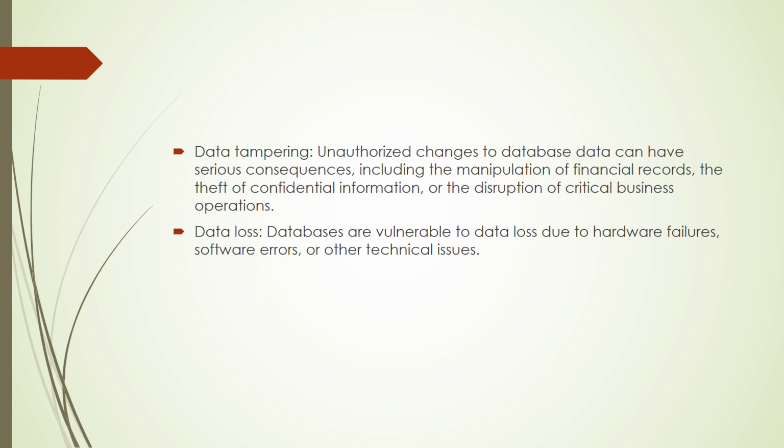Next, we've got data tampering, which could be changes to database data that can have serious consequences such as manipulation of financial record. If, for example, a company's stock is on profit, but someone who's unauthorized gets access to it and makes some changes so that it looks like it's in loss, it could lead to some bad business decisions being made.